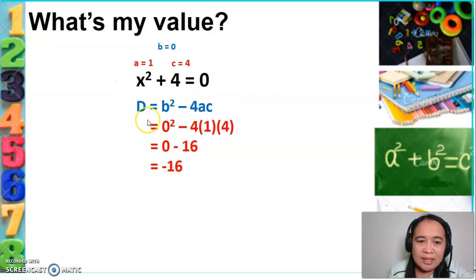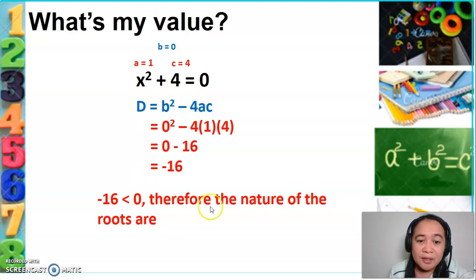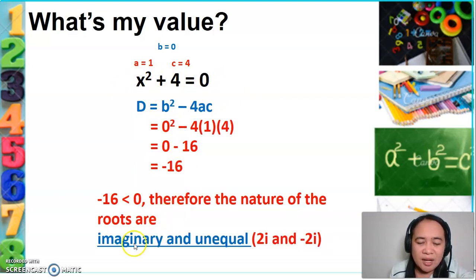Take note, the discriminant value is lesser than 0. Therefore, the nature of the roots for this particular equation are imaginary and unequal, in which if we will solve for the value for x, it's actually 2i and negative 2i.